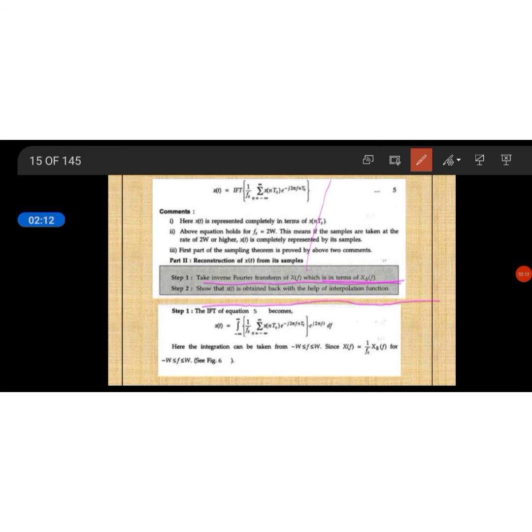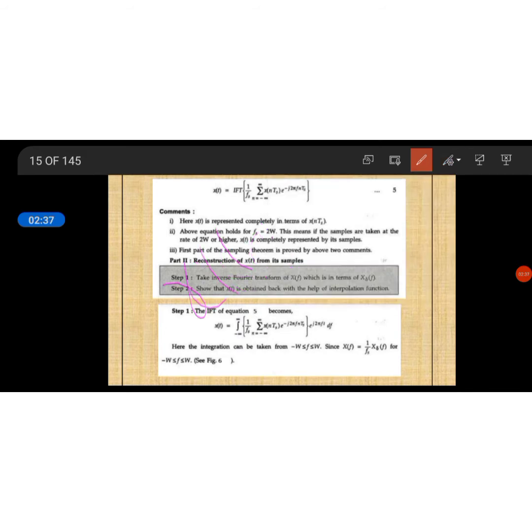In the first step, we get x of t by taking the inverse Fourier transform of this equation. What is the inverse Fourier transform? X of f is the integral from minus infinity to plus infinity of x of t e power minus j 2 pi f t dt. This is the Fourier transform.